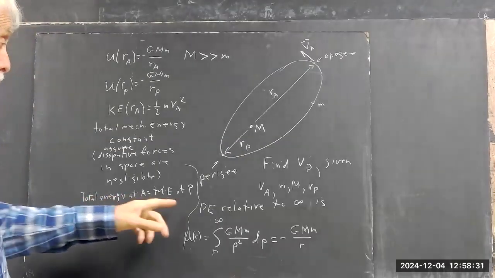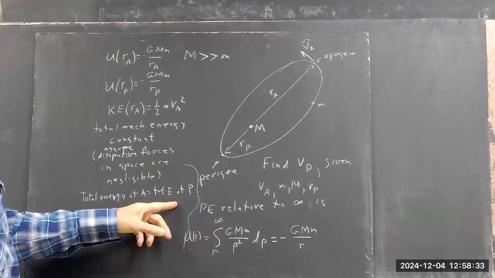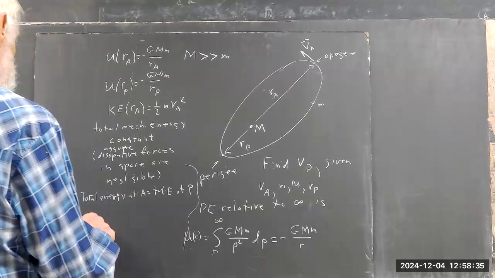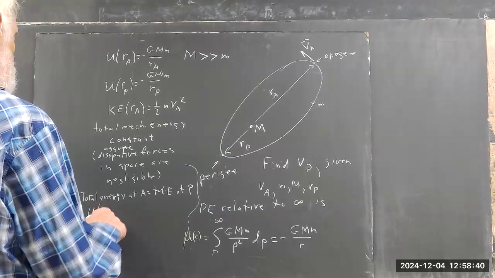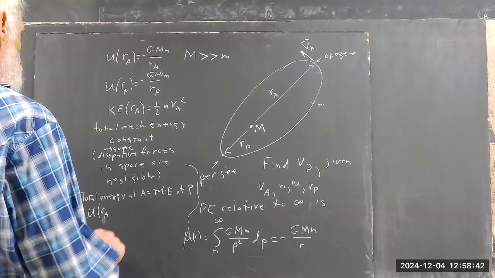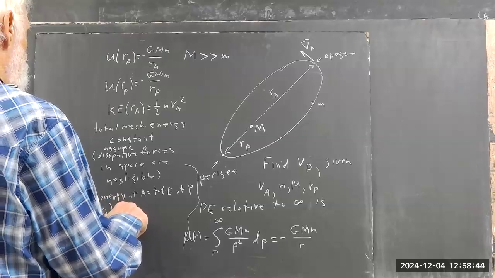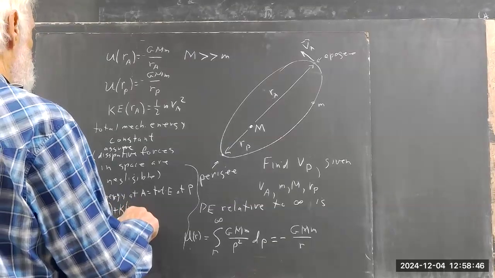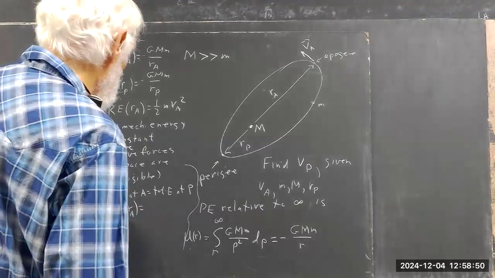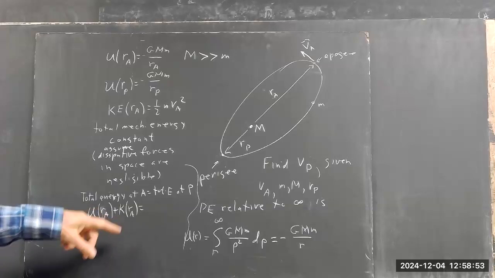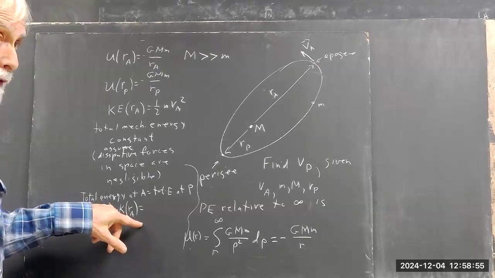It's just total energy here equals total energy here, which means U of RA, I'll just use K for kinetic energy because that's what your text was, K at RA, that's not multiplication, that's function. K is a function of where you are.